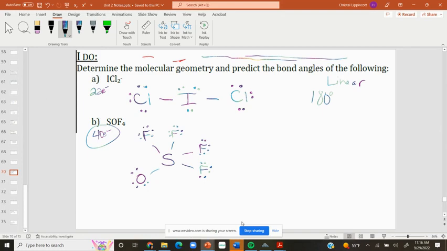Okay. So what's happening with this is we've got a sulfur here. We have a fluorine, and a fluorine coming off. And that's all in the same plane. So you got 3 things coming off of that same plane.